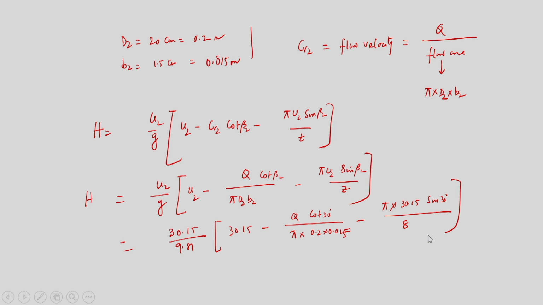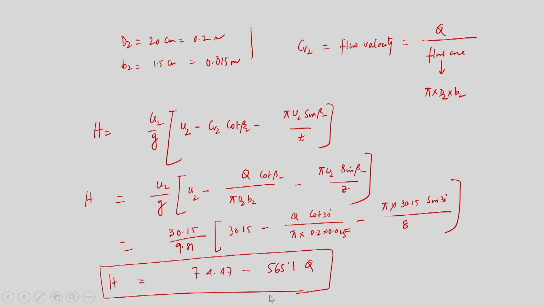Calculating this, we get the final expression 74.47 minus 565.1 Q. So this is what we needed to establish, that the head can be related to the discharge by this relationship.